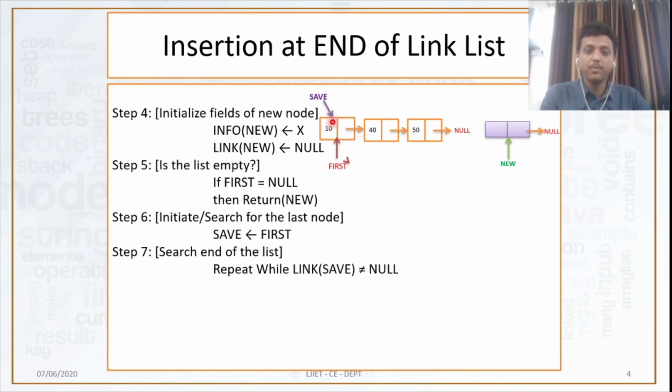Continuing with the algorithm, the save pointer is pointing to the first node of the list. Now tell me, is link of save null? No. So the save pointer should move forward to the next node. If this is the save, then this becomes link of save.